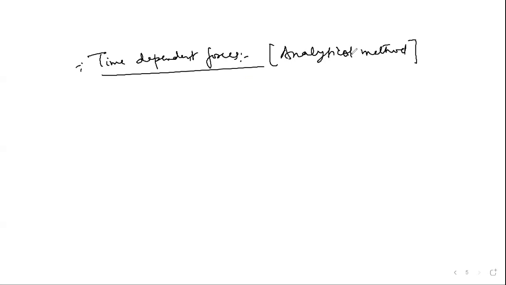Now if force depends on time, then certainly acceleration depends on time. So how we proceed to find the equations of motion? We know a of t will be the time derivative of velocity function, as we have done. So I can write dv is a of t dt.